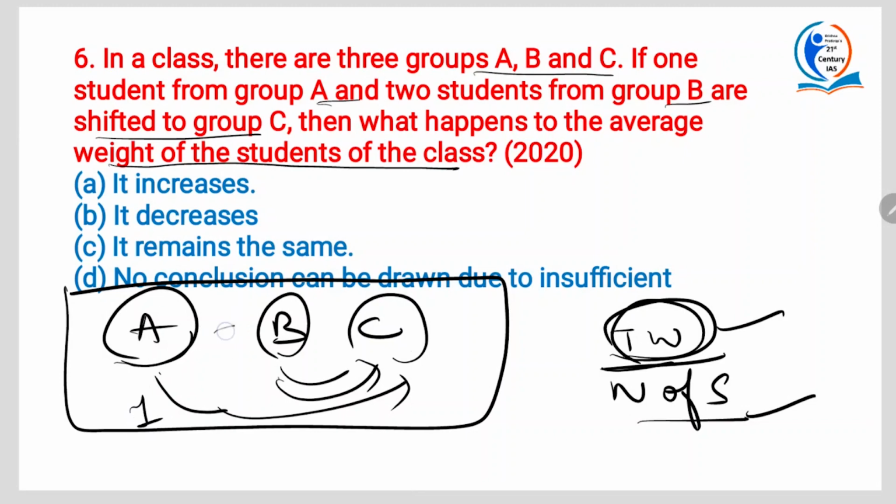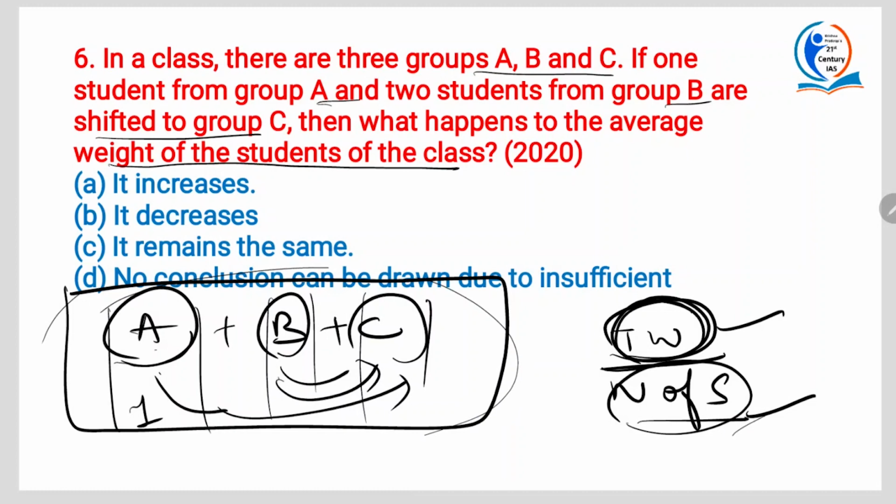The total weight of A plus B plus C, of all these 3 groups put together, will remain the same. So there's absolutely no change. And the number of students also is the same. So there is no difference in the average. So it remains the same.